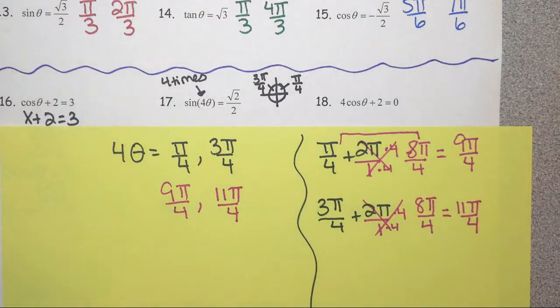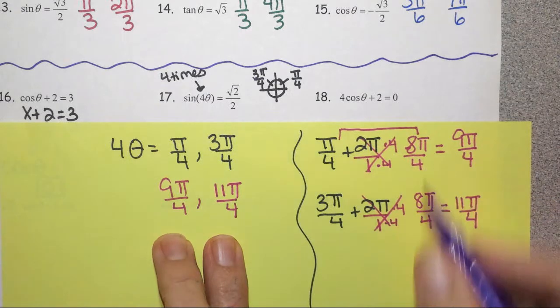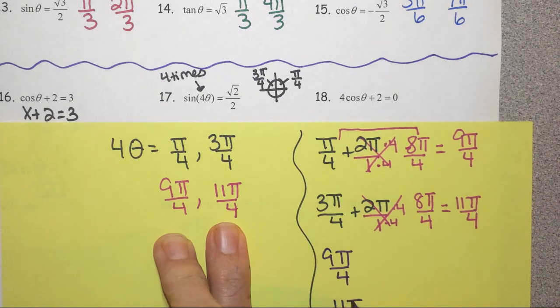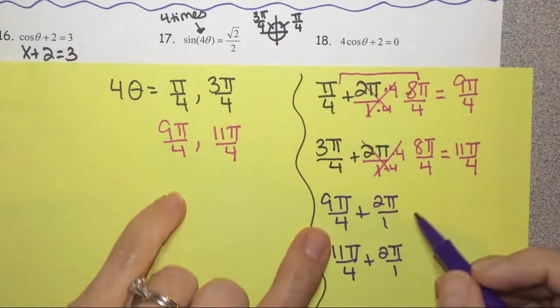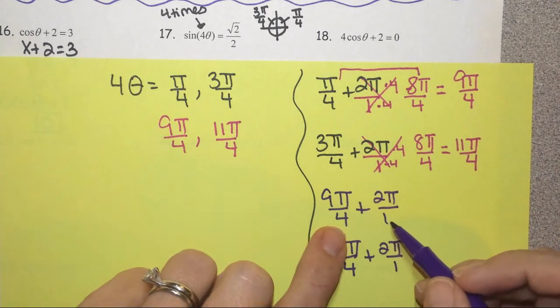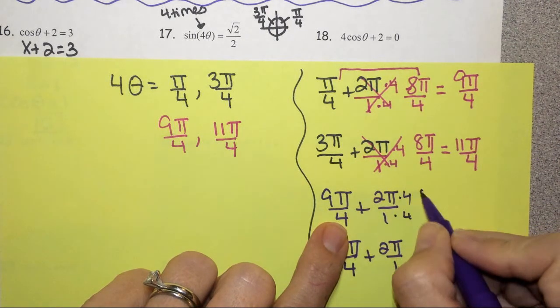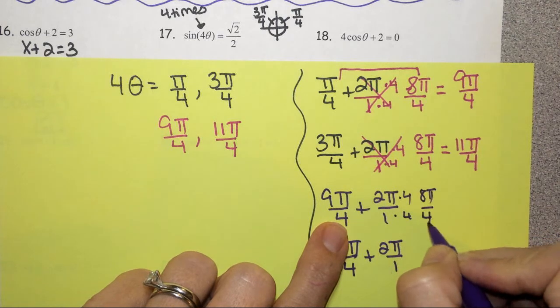So when I go around this next time, I take the answers I just wrote down, 9 pi over 4 and 11 pi over 4, and I'm going to add 2 pi again. Well, hopefully you can see now that when I go add 2 pi over 1, I need a 4 again. So it's going to be the exact same thing happening again, 8 pi over 4.